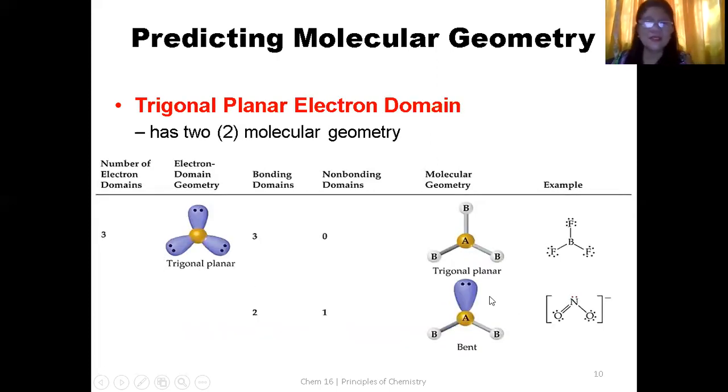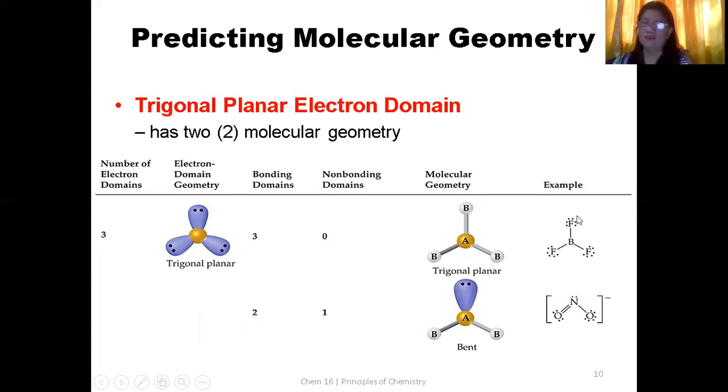Then another example for the trigonal planar we have here. That is why it is needed that you should know how to write the Lewis structure, or else you won't be able to figure it out. Okay, here. So this is boron trifluoride.